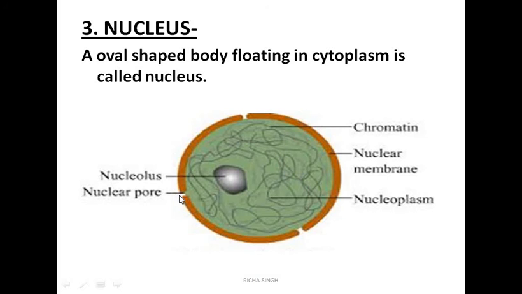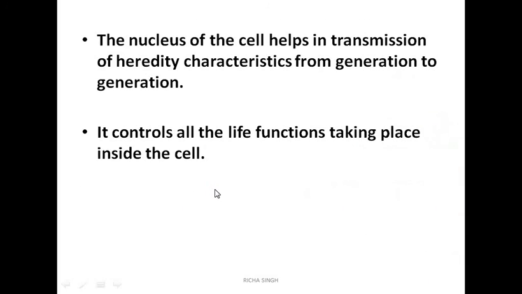Then the nuclear pore is a small hole-like structure present in the nuclear membrane. The main function of the nucleus is transmission of characters. The characters are transferred from the parent to the offspring through the nucleus, because the nucleus has chromosomes and genes, which are responsible for the transmission of characters.